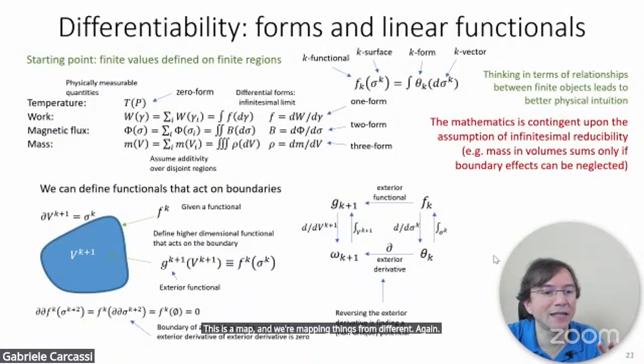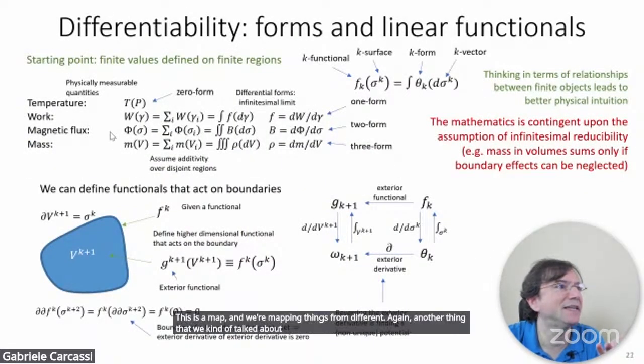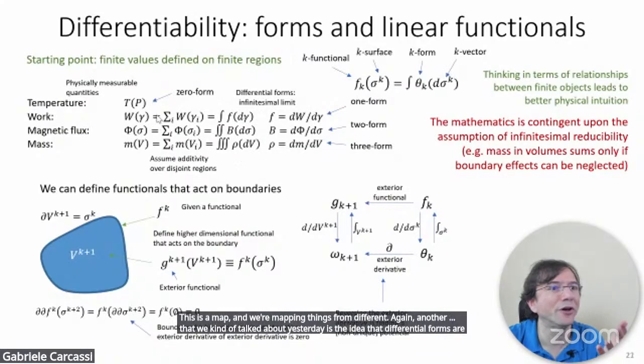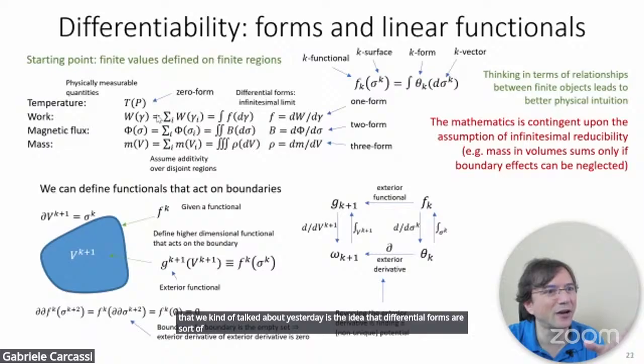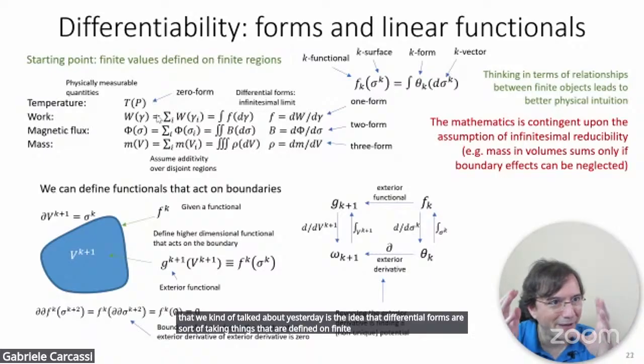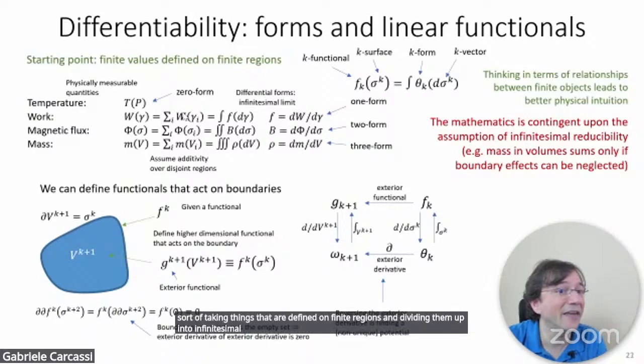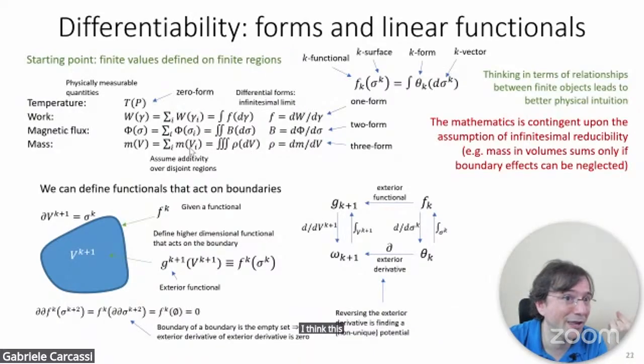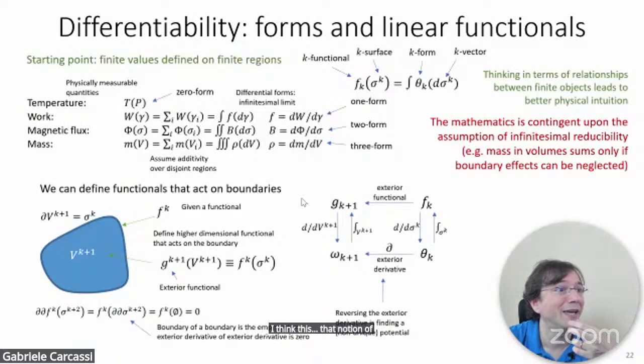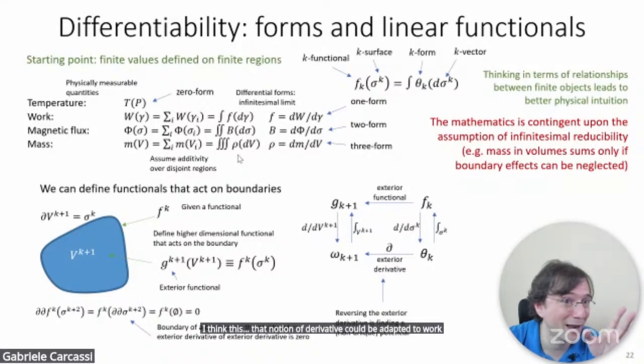Again, another thing that we talked about yesterday is the idea that differential forms are sort of taking things that are defined on finite regions and dividing them up into infinitesimal pieces. I think that notion of derivative could be adapted to work here as well.